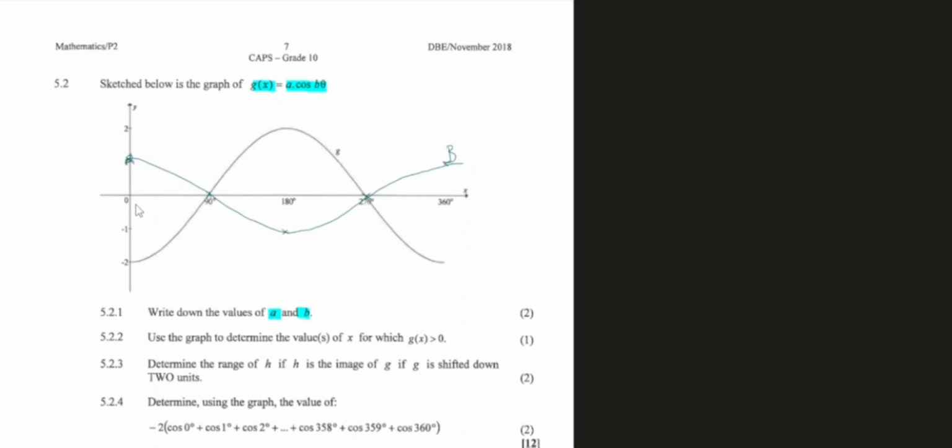So the first thing you'll notice is that for the values of x where x is positive, with the new model, y will be negative. So we know that our a value is therefore negative.